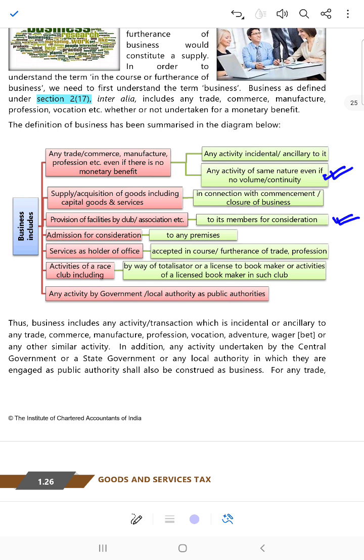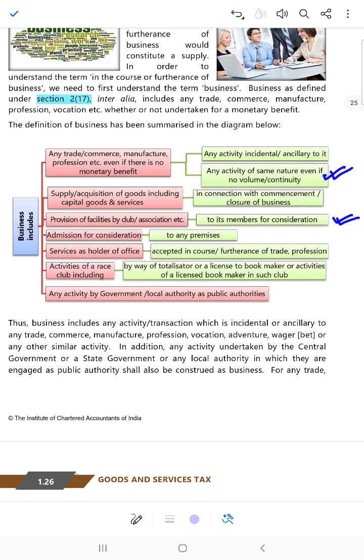Service as a holder of office. Now, this is a very unique concept: if you're a holder of office, like an ICI chairperson, or even the President of India, they do fall under the definition of business, but they have been exempted later on. So the services that the office holder provides, that is what is accepted in the course or furtherance of trade or profession.